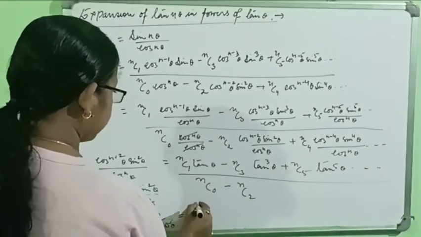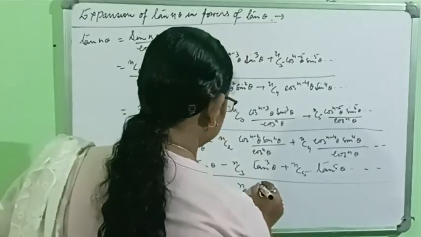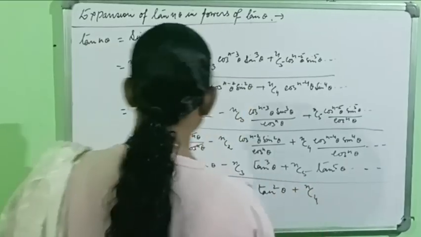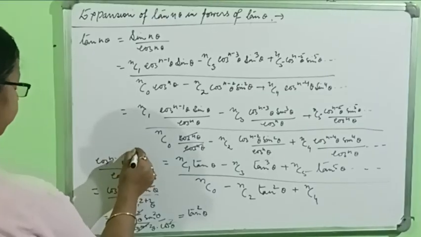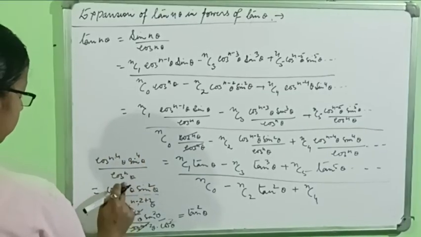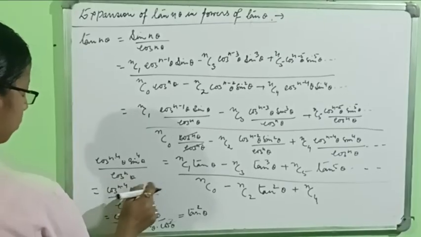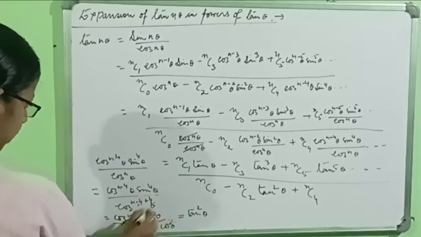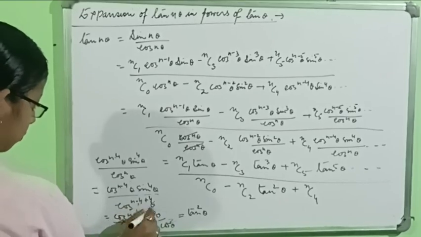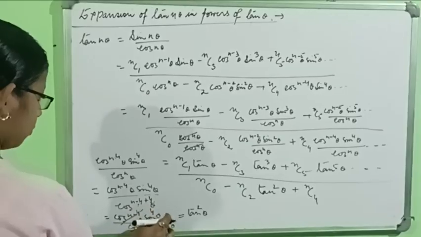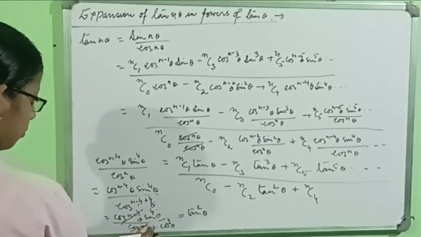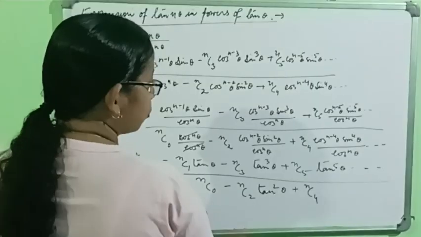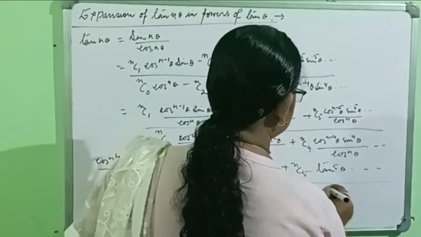This is tan square theta, tan square theta plus nC4. Again this is 4, so this is tan^4 theta.